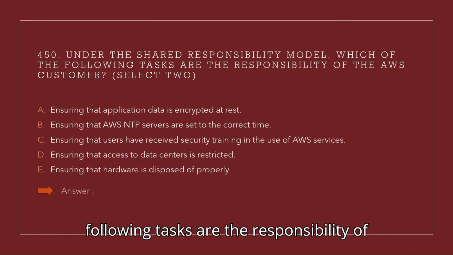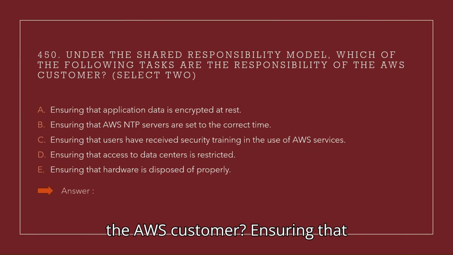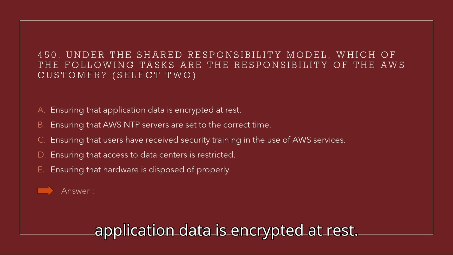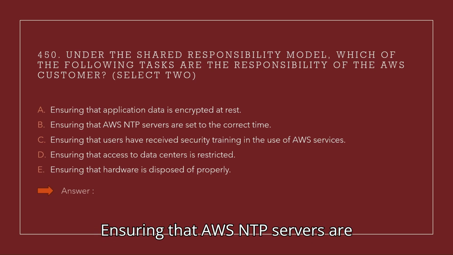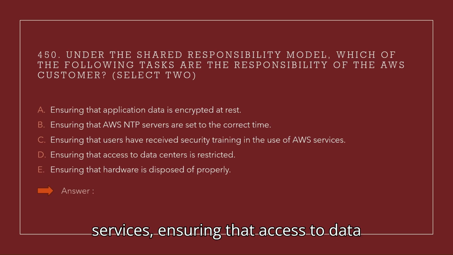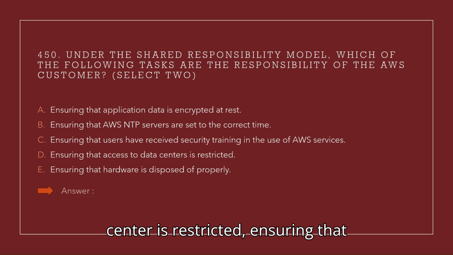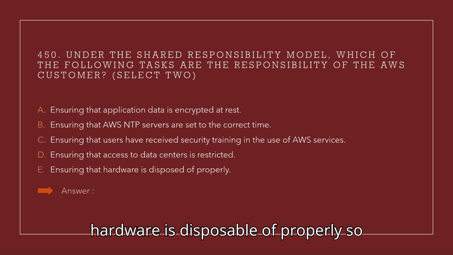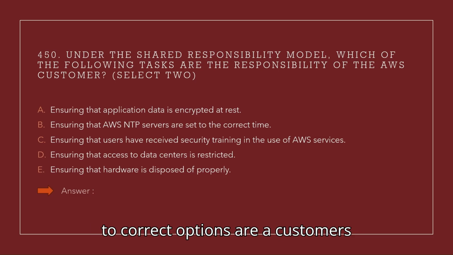Next question. Under the shared responsibility model, which of the following tasks are the responsibility of the AWS customer? Ensuring that application data is encrypted at rest, ensuring that AWS NTP servers are set to the correct time, ensuring that users have received security training in the use of AWS services, ensuring that access to data center is restricted, ensuring that hardware is disposed of properly.